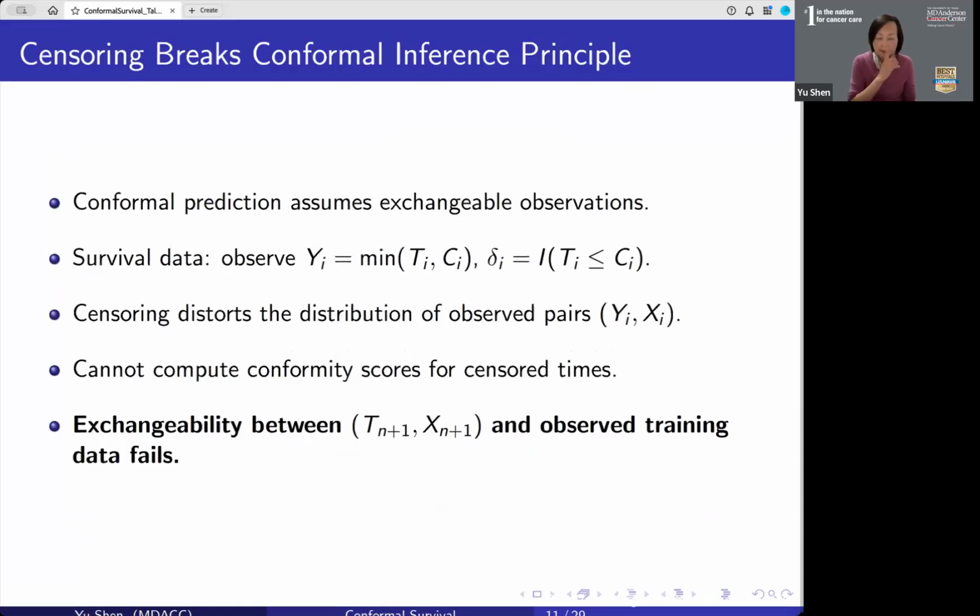So now let's move to the censored data part. Remember that exchangeability between the training data and the testing data is a key assumption. But in survival data, this exchangeability is in fact violated. The reason is that in the observed training data, for some people we only observe their censoring time, not failure time.